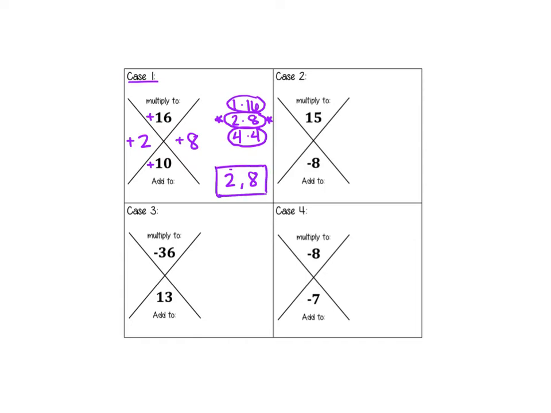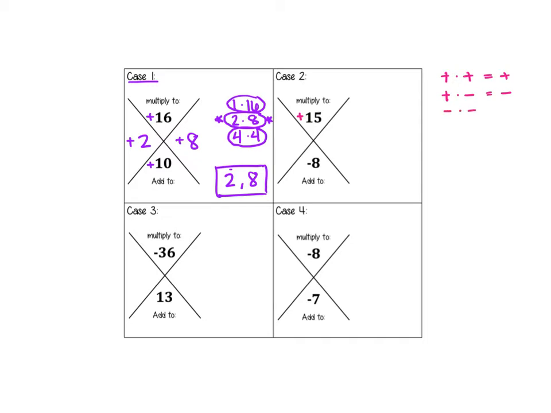How about in case 2? What happens if I have a positive and a negative? So to multiply to a positive, well, a positive times a positive is a positive. A positive times a negative is a negative.